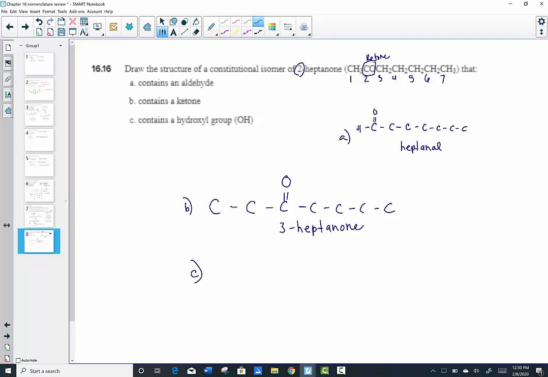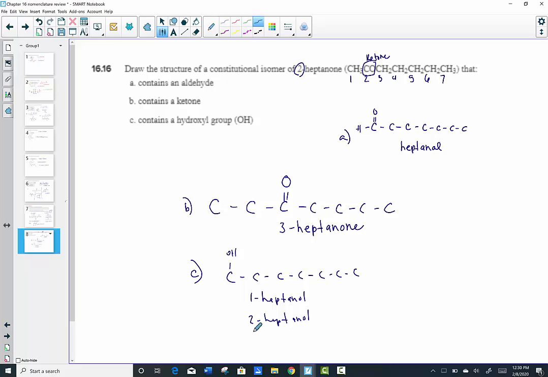How about contains an alcohol hydroxyl functional group? Now that's limitless. 1, 2, 3, 4, 5, 6, 7 carbons in a chain, and you can put that alcohol group at absolutely any one of those 7 carbons. You could have put it at carbon 1, and you could have made 1-heptanol. You could have placed it at carbon 2 and made 2-heptanol.